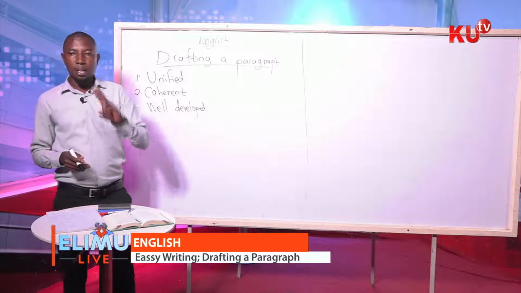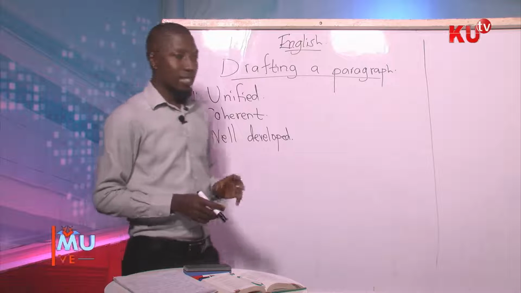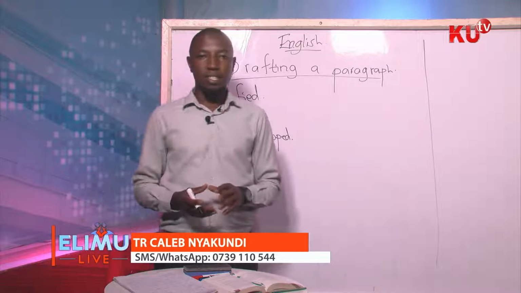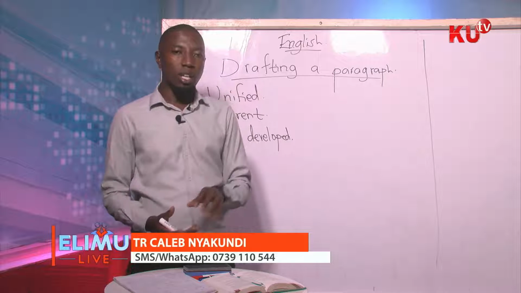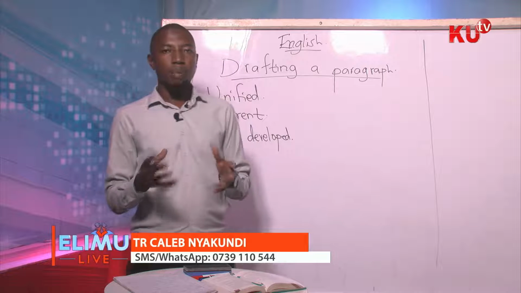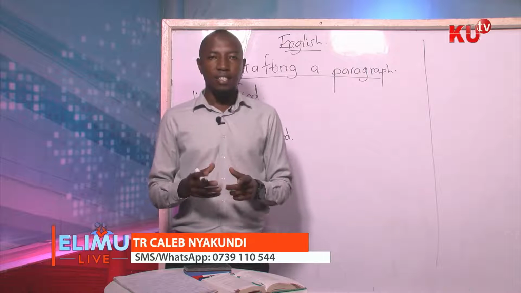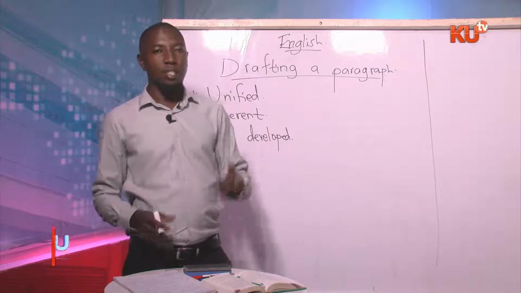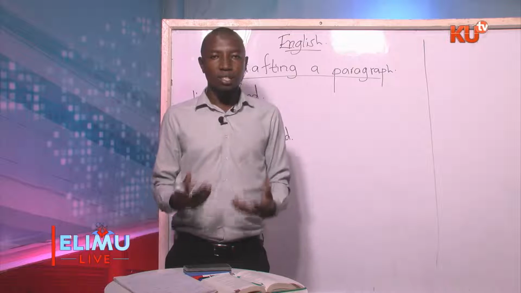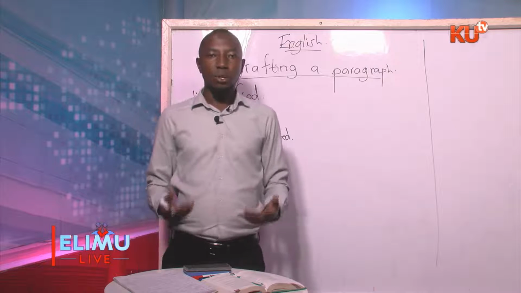To explain what unity means in writing a paragraph or in writing an essay, unity is where your idea or your ideas in the sentences relate to the main idea. So you write a paragraph with 3 main parts. 1, your paragraph has a topic sentence. After the topic sentence, it has supporting sentences, and then it has the conclusion.